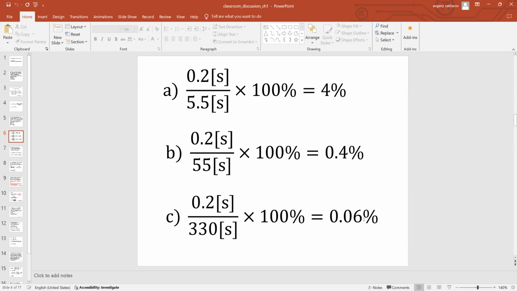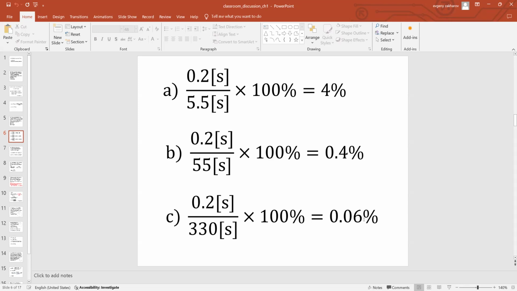But let me do the calculations here. 0.2 divided by 330, multiplied by 100. Well, the calculator shows 0.060.